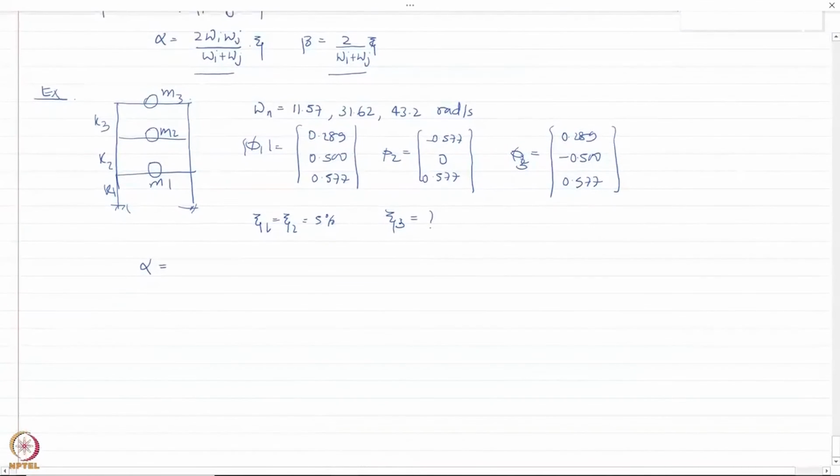When we substitute, alpha is 2 times omega 1 omega 2, so 11.57 times 31.62 divided by 11.57 plus 31.62, and this comes out to be approximately 0.847. Similarly, beta is equal to 2 by 11.57 plus 31.62, and it comes out to be around 0.0023.